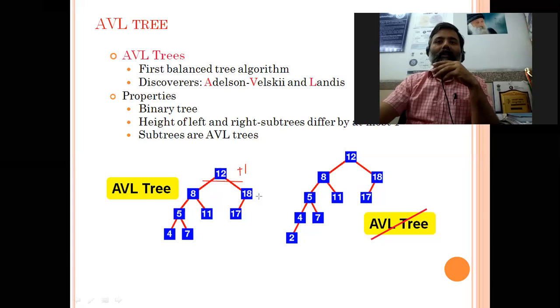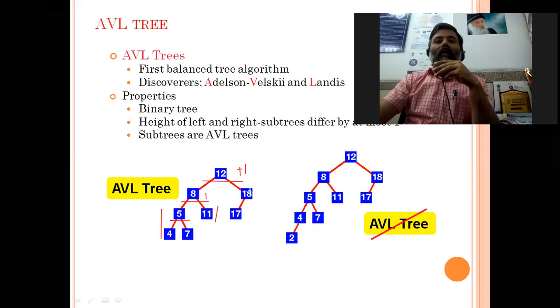At the next node, the height of the left subtree is 2 and the height of the right one is 1. So 2 minus 1, that is 1. Again, at this node, 1 minus 1, that is 0.